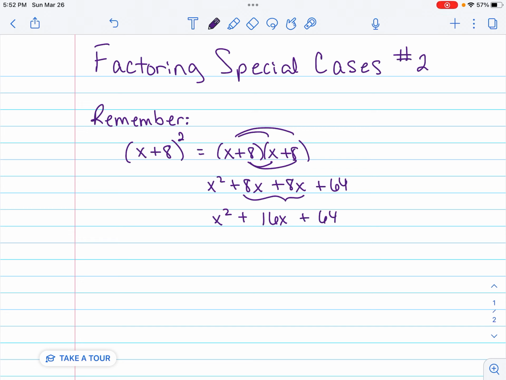That might not seem all that unusual, but if you do a couple of those, you'll start to see a pattern. If you have x plus 5 squared, that will equal x squared plus 5x plus 5x plus 25. So you end up with x squared plus 10x plus 25.